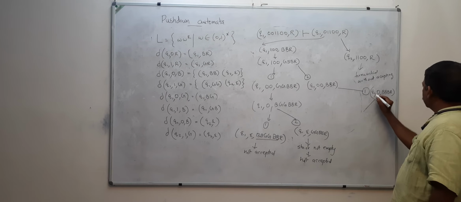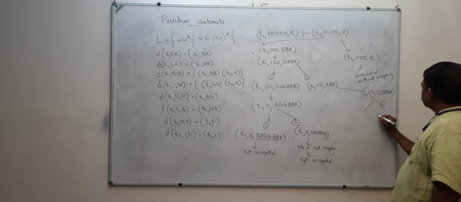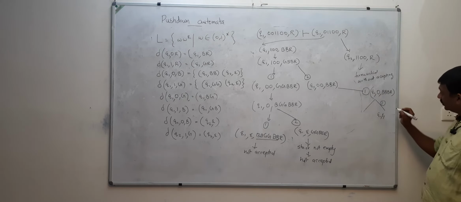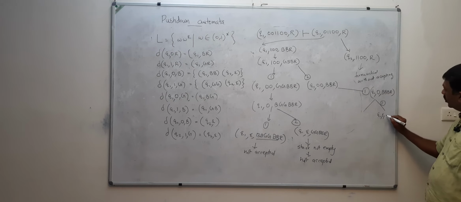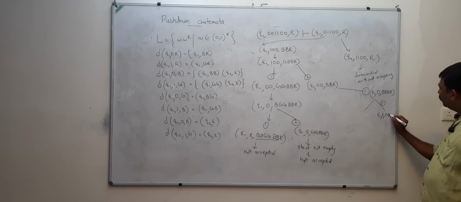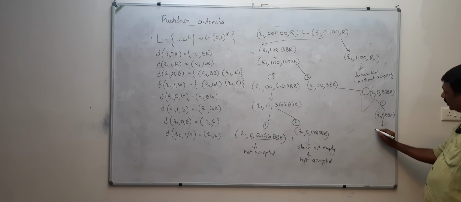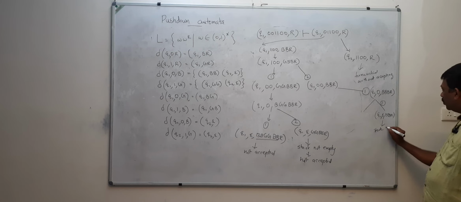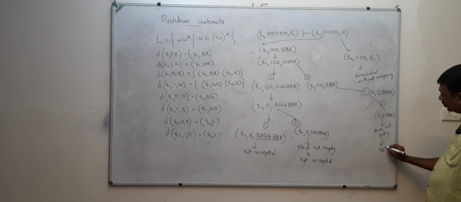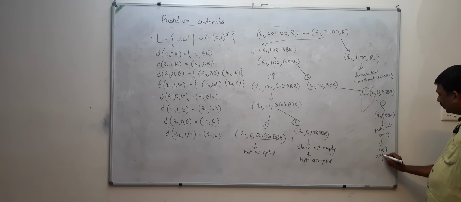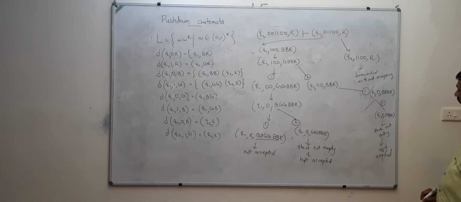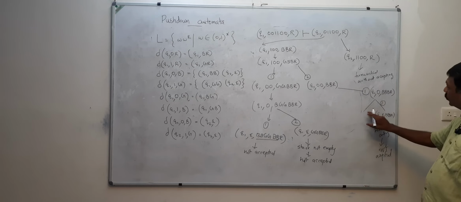Suppose this is the first row, it is adding a blue plate, so this will become Q1, your input is empty, then B, B, B, R. Here the stack is not empty, so not accepted. If you are taking this other route, what will happen?